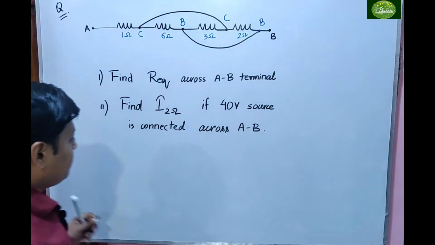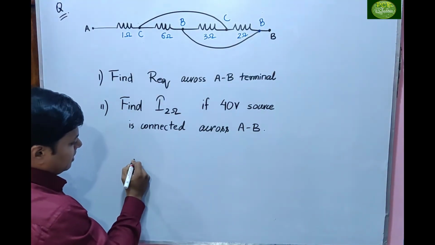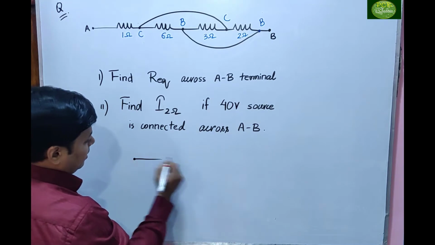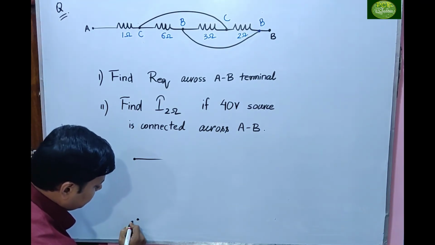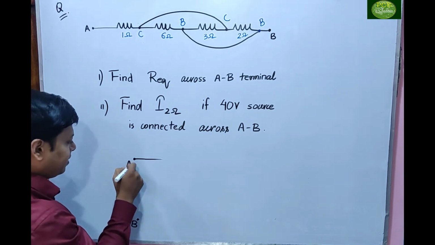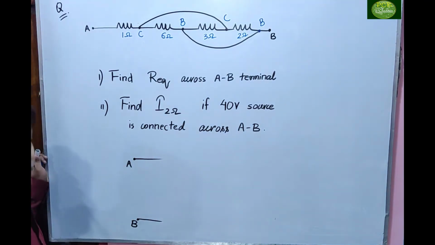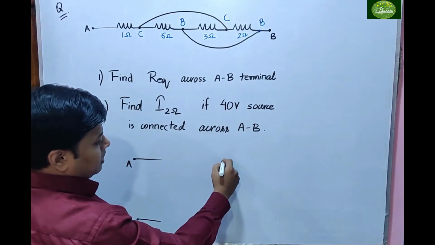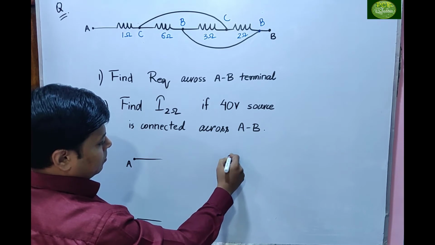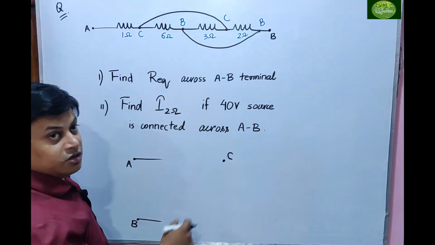If I redraw, we are finding out across A and B, no? So I'm taking this point as A and this point as B. This is A, this is B. Clear? Next, A to C. So I am taking another point here, C. It may be here also, it depends on you.